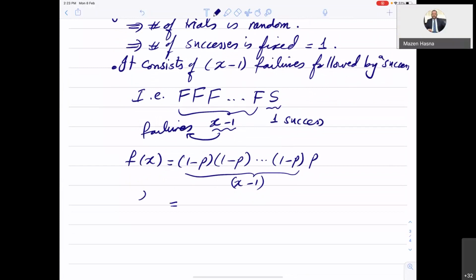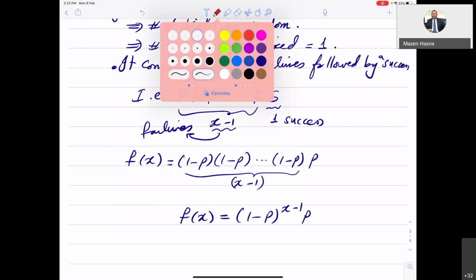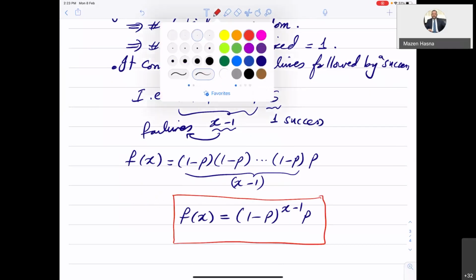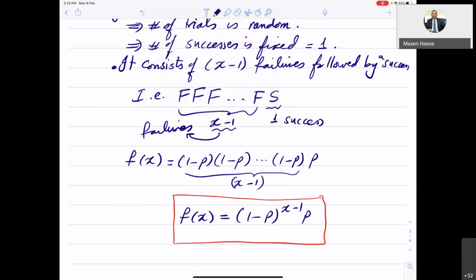So simply, f of x is 1 minus p to the x minus 1 followed by a success. So what's the range of x? Anyone? X, again, is the number of trials.